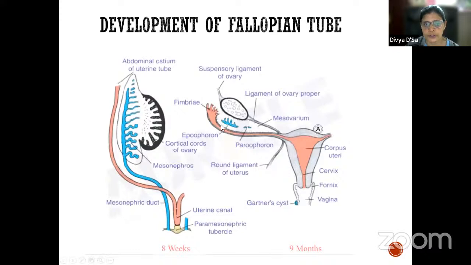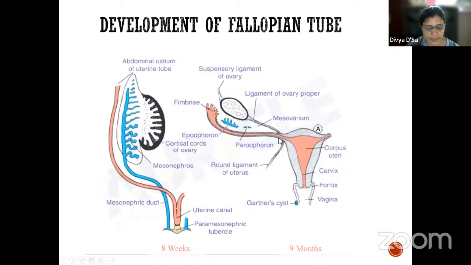So the fallopian tube on each side is formed by which part? The unfused part of the paramesonephric duct. It has a cranial part, a vertical part and a middle part, as you can see here.